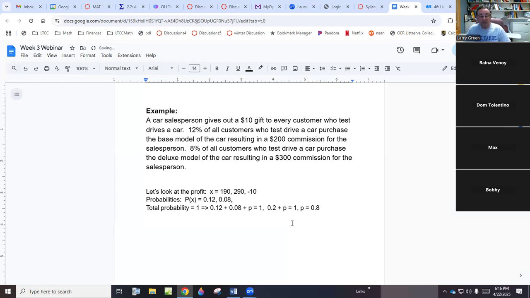Any questions on finding the probabilities? You could check that 0.12 plus 0.08 plus 0.8 really is 1. Okay, any questions on that? Yeah, it's not the law of continuity, it's the law of probabilities, is what it's called.